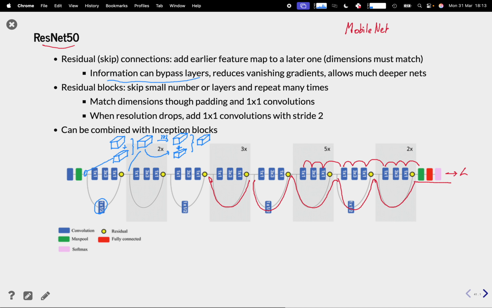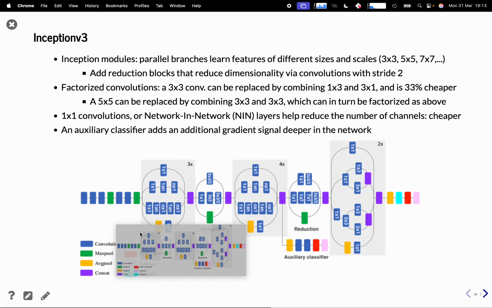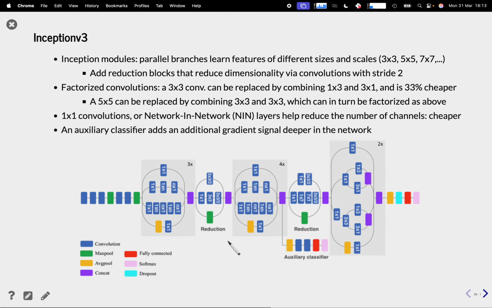There are also models like EfficientNet, and so these ones, they learn complex cells like these guys here.